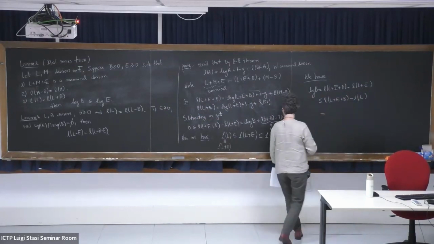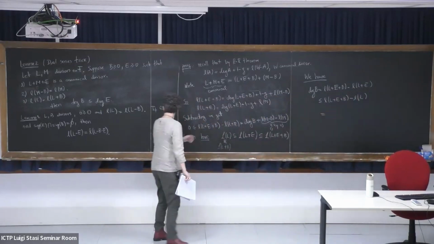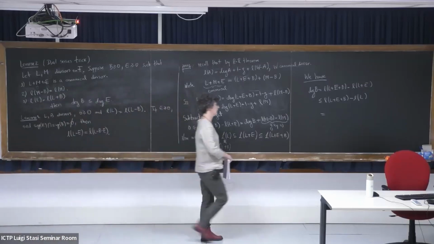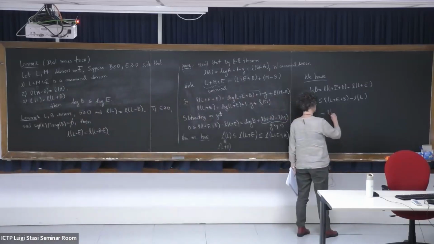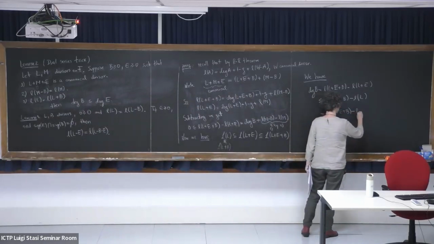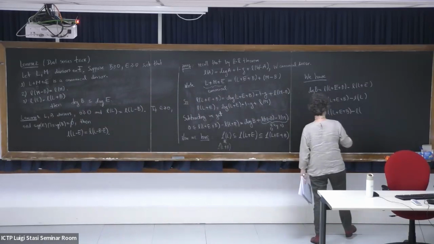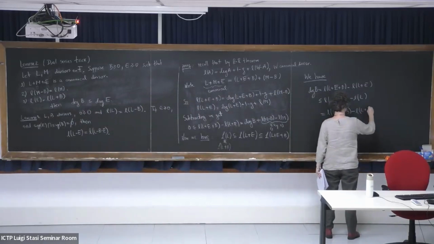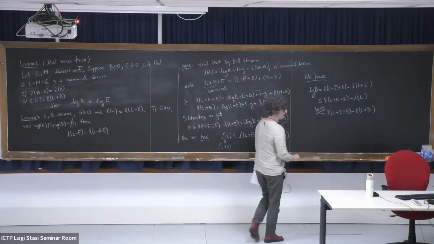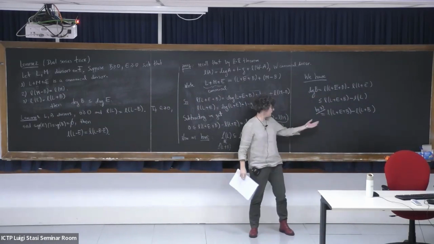We just saw that the dimension of this space is equal to this one, so I can write this as the dimension of this one minus the dimension of L plus B. This is by condition 3.